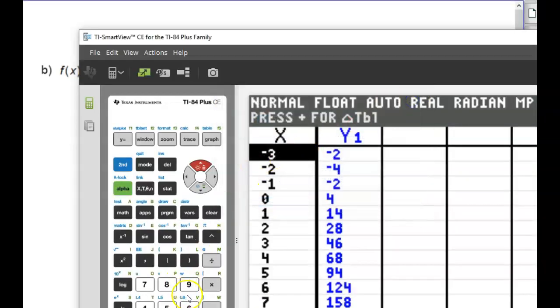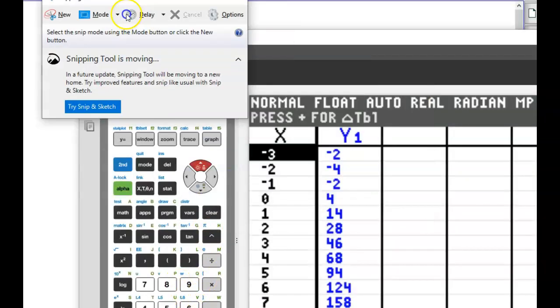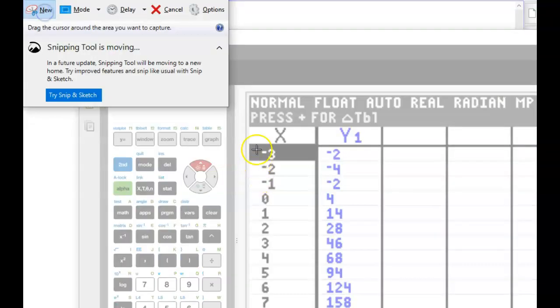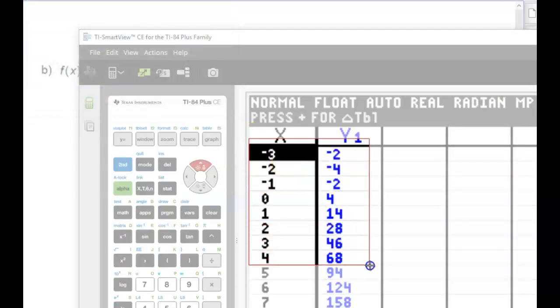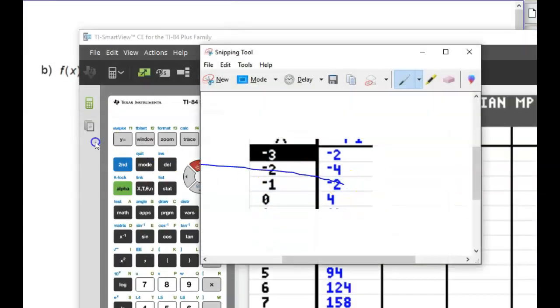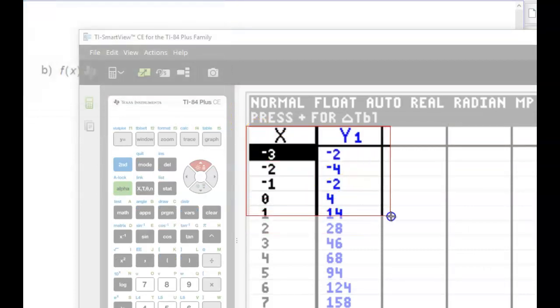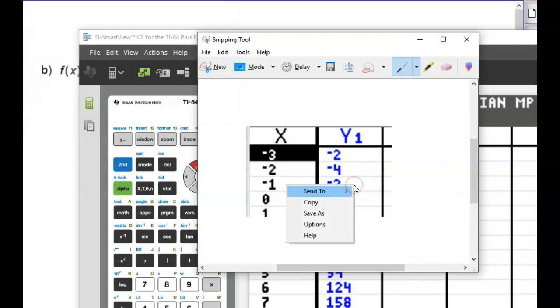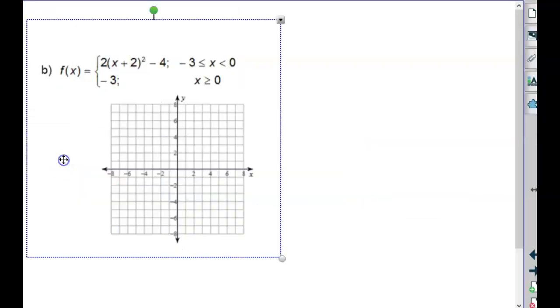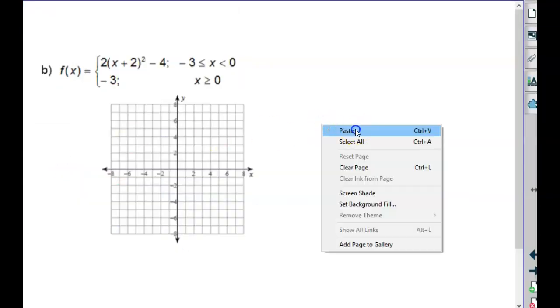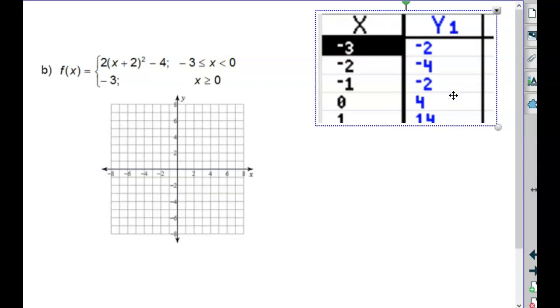I just want the ones that go from -3 to, well, what did it say? From -3 to 0? I don't think I'm going to get up to 68. Okay, copy. Paste. So there's some points on it.